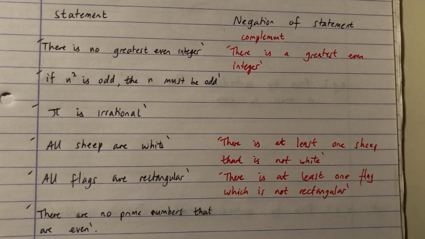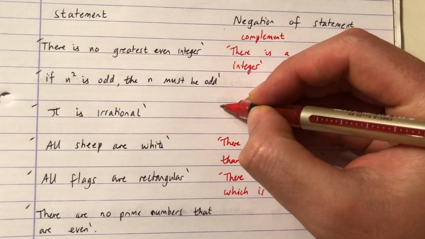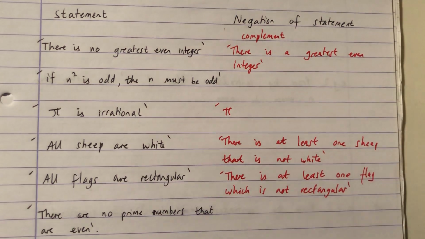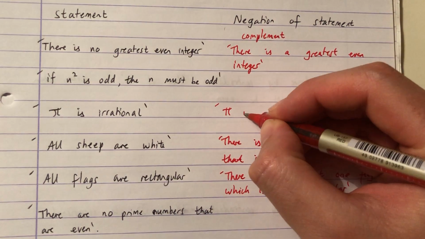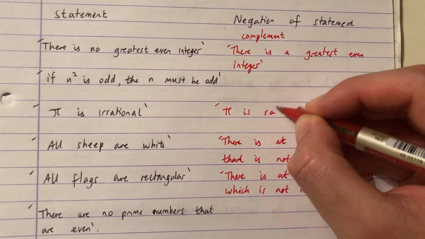That would be the negation for that one. This one's a little bit more complicated, so I'm going to come back to that at the end, but I'm going to skip on to pi is an irrational number. Irrational is something which cannot be expressed as a fraction, so the negation of this would be pi can be expressed as a fraction, or in other words, pi is rational.